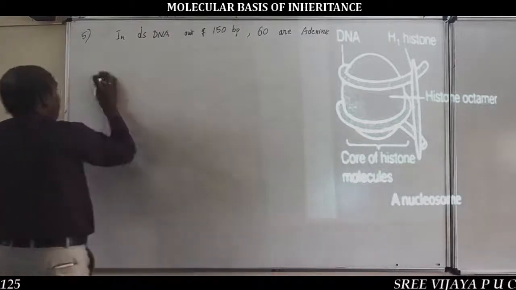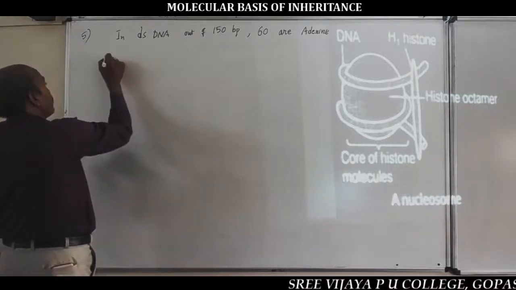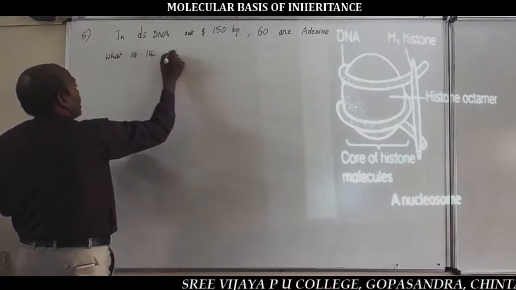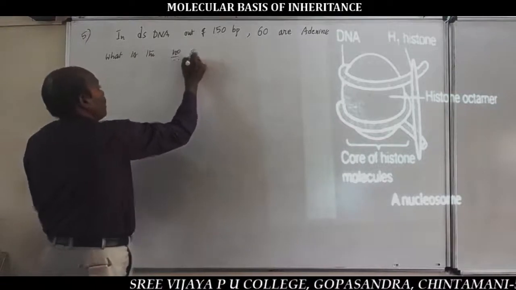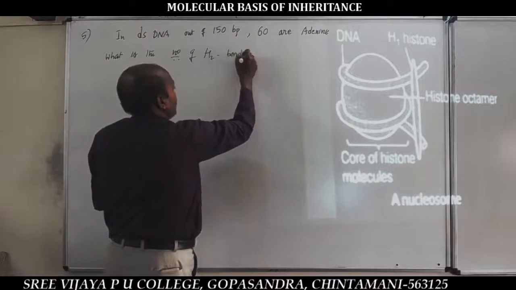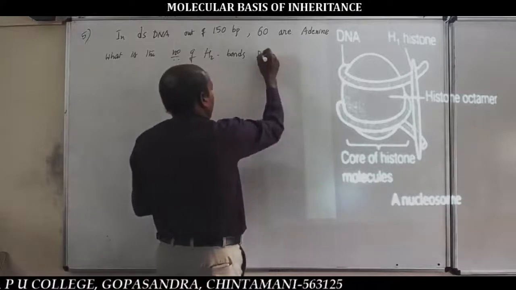What is the number of hydrogen bonds present in this DNA?